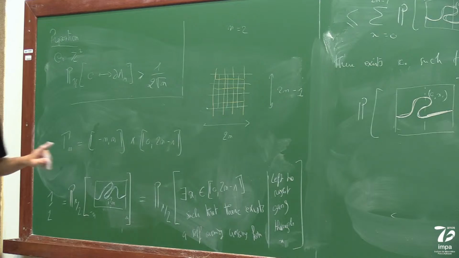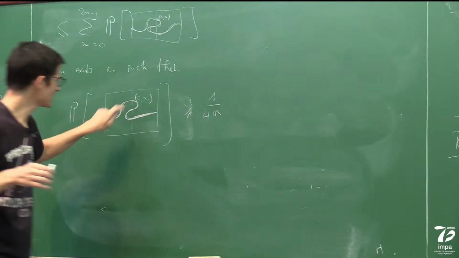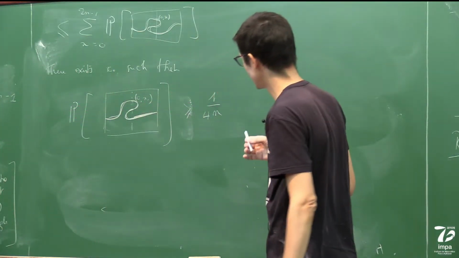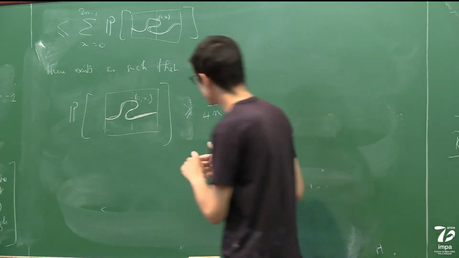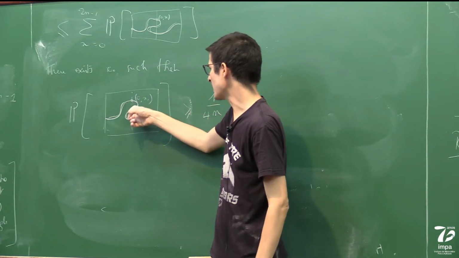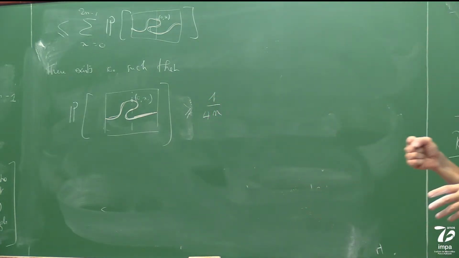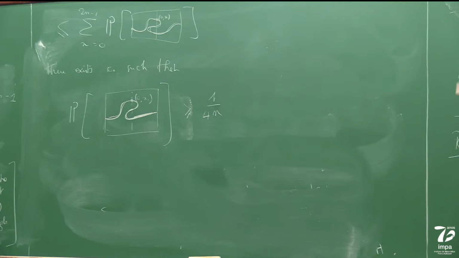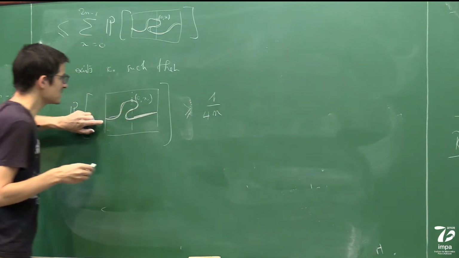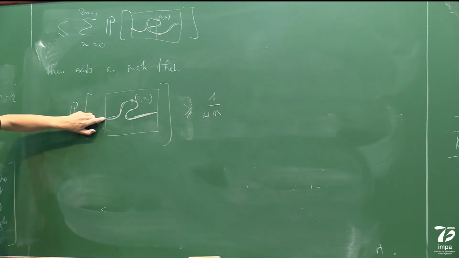Now is the important bit. When this event is satisfied, you can see that from (0, x0), I have two paths that are going at a distance which is larger or equal to n from (0, x0), because they are ending at a distance which is larger than n, in the sense of the infinite norm.